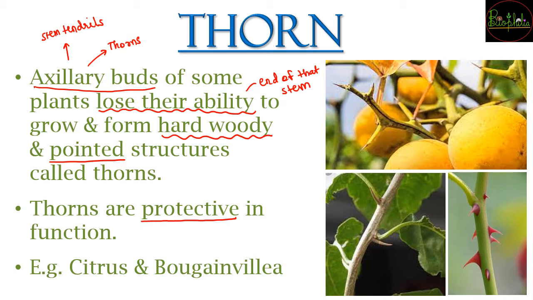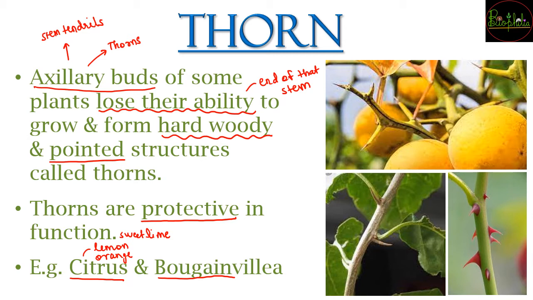So generally you can see them in the case of citrus, that is, you can have them in lemon, you can have them in oranges, you can have them in sweet lime. So in all these types of citrus plants you can have thorns, or you can see them in bougainvillea as well. So in bougainvillea plants, maybe you can find these thorns.